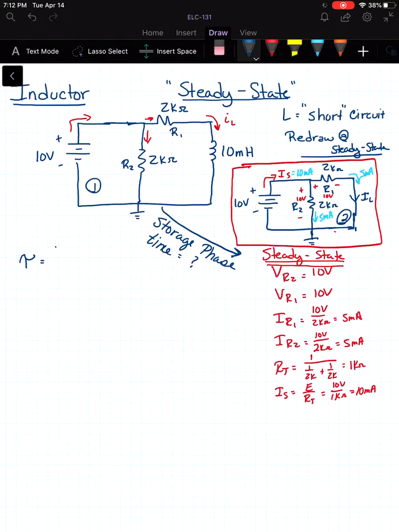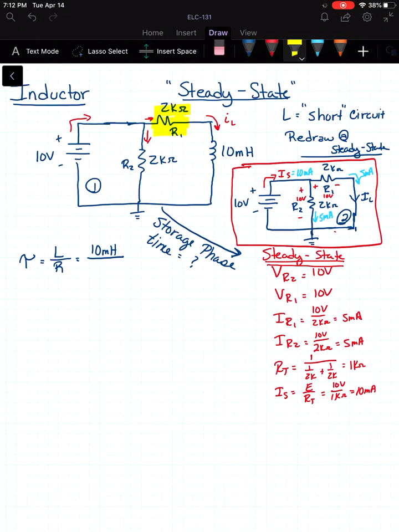Now to find the time constant for an inductor, you're going to divide the inductor value by the resistor. That is different from what you learned for the capacitor. It's L over R. Okay, so we've got our 10 millihenries. And the R we're going to use this time is just R1.